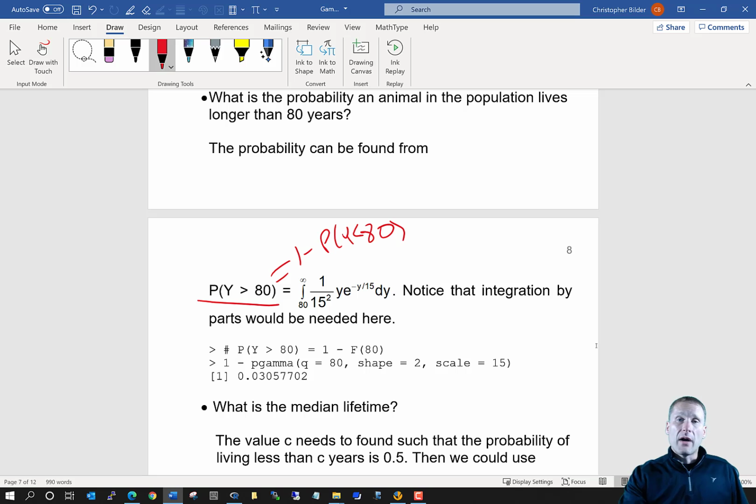So we have 1 minus the probability of y being less than 80, which is equal to 1 minus the CDF evaluated at 80. How do we get the CDF? Again, the pgamma function. I can put in my value of alpha, my value of beta, and here's my quantile, that 80. Do the calculations, and we can see that this probability is very small, 0.03.